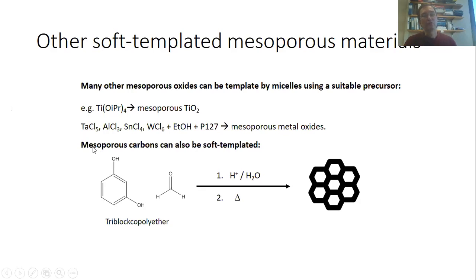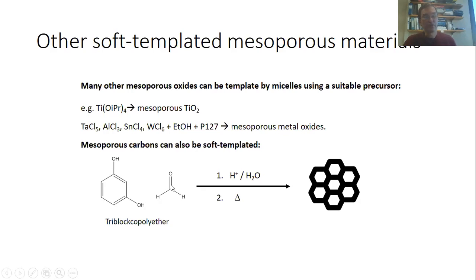Okay. So now can this concept also extend from oxides to non-oxides, and even this works. So, for instance, one can make mesoporous carbons through that process as well. When you use hydrophilic precursors, such as resorcinol and formaldehyde, and polycondense these precursor molecules in the presence of a triblock copolyether. Why does that work? Because the triblock copolyether has a hydrophilic shell, and these molecules are also fairly hydrophilic.